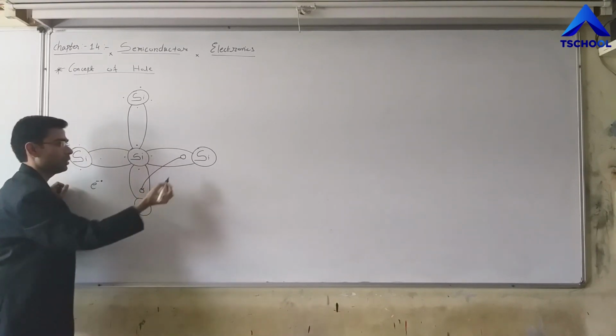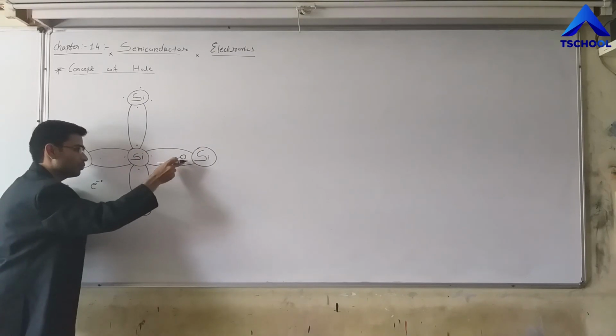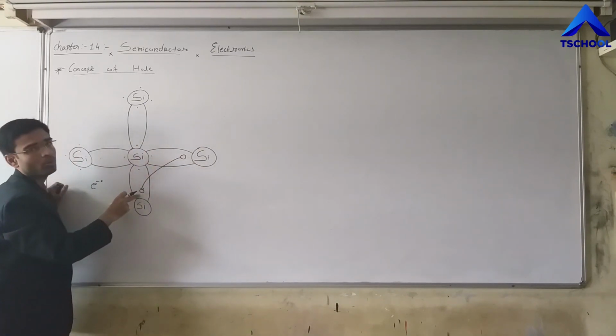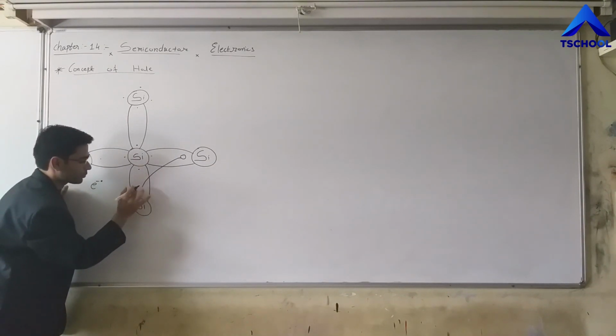Understood? Again we increase the temperature, a covalent bond breaks from here, and that electron can jump inside this hole, and here again a covalent bond forms.